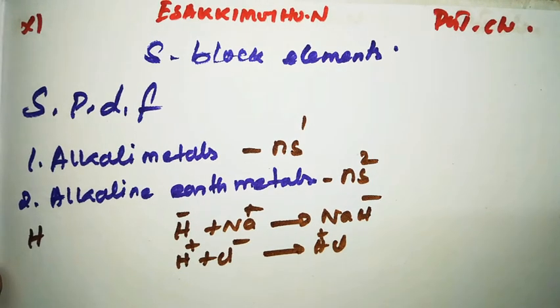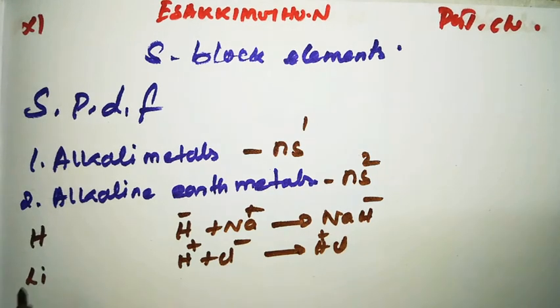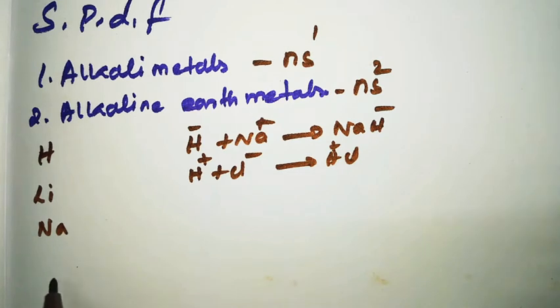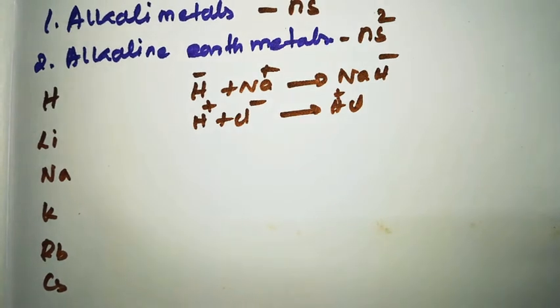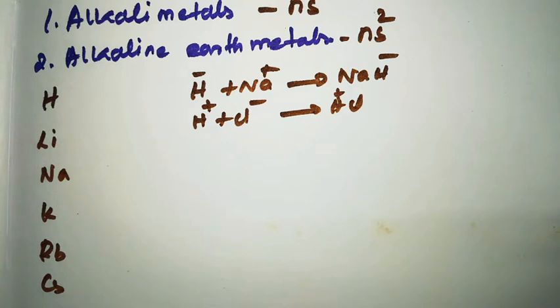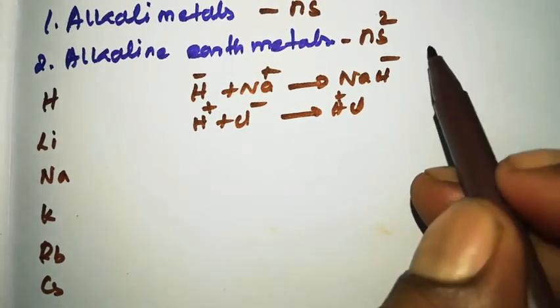The first group alkali metals are hydrogen, then lithium, sodium, potassium, rubidium, cesium, and francium. Actually, in the periodic table there are totally 7 periods and 18 groups.